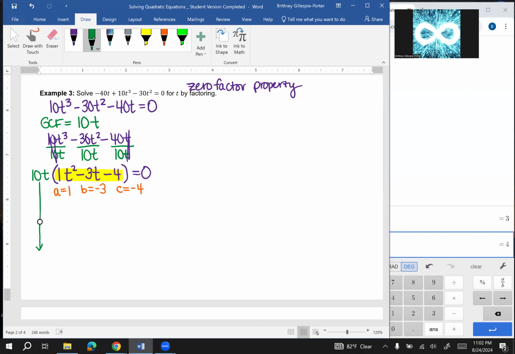We're just going to concentrate on us and our friends, which is why A is 1, B is -3, C is -4. We're going to be looking for a product of A times C, which is 1 times -4, and 1 times -4 is -4. And we're going to be looking for a sum of B, which is -3.